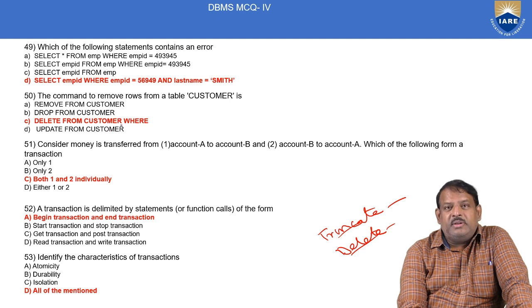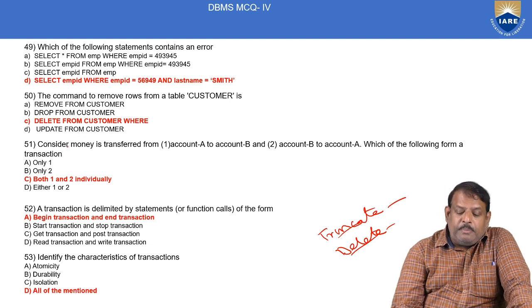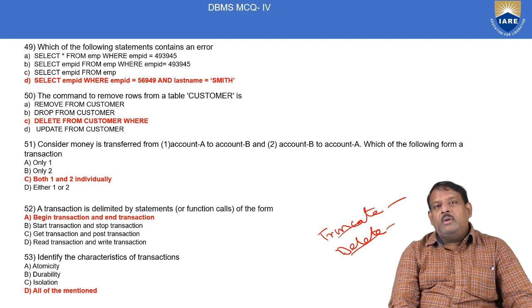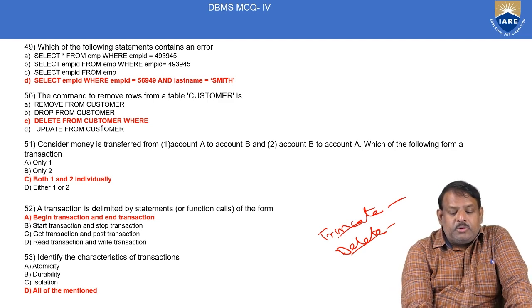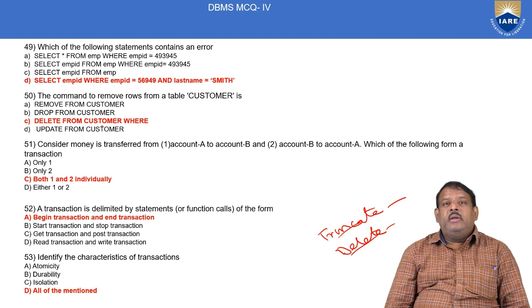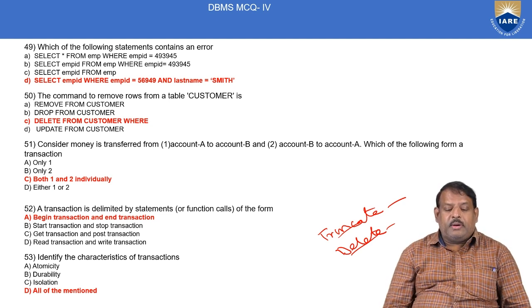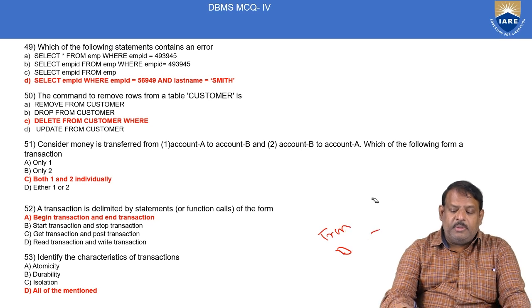UPDATE FROM customer is not valid, because the update statement is UPDATE table name SET column equal to new value, but here it is UPDATE FROM. So the right answer would be to delete rows from customer.